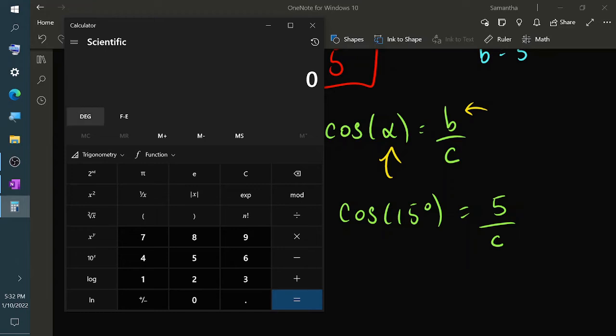So check and make sure that your calculator, whichever one you're using, understands that you're about to enter 15 degrees. So I'll load 15 into the calculator, open the trigonometry menu, and plug that angle into regular old cosine. And it says, okay, the result of that is going to be equal to 0.97 approximately.